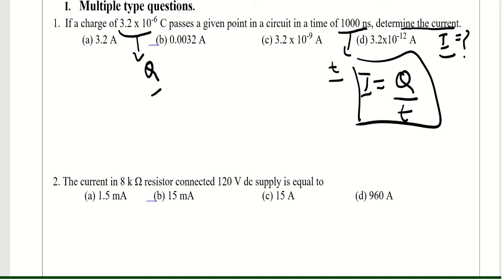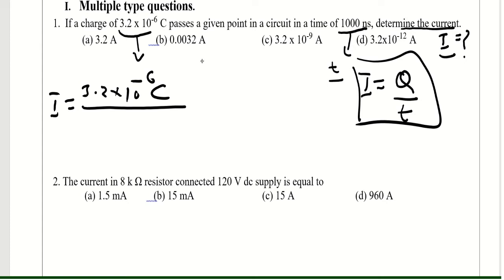According to this formula, I equals 3.2 times 10 to the power minus 6 coulomb, divided by the time.